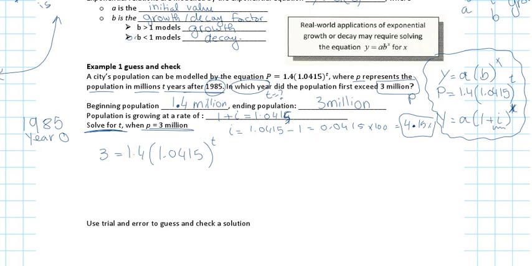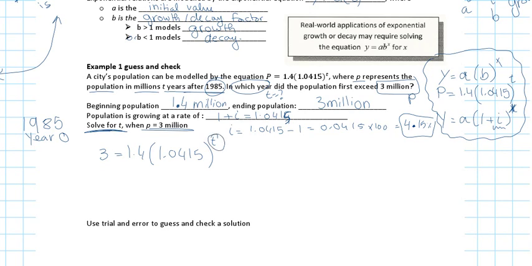So I'm looking for an exponent t. How would you isolate for that? You would divide out the 1.4. You take it to the other side. You see that this and this, I can't mix them together because this is to the power of t.